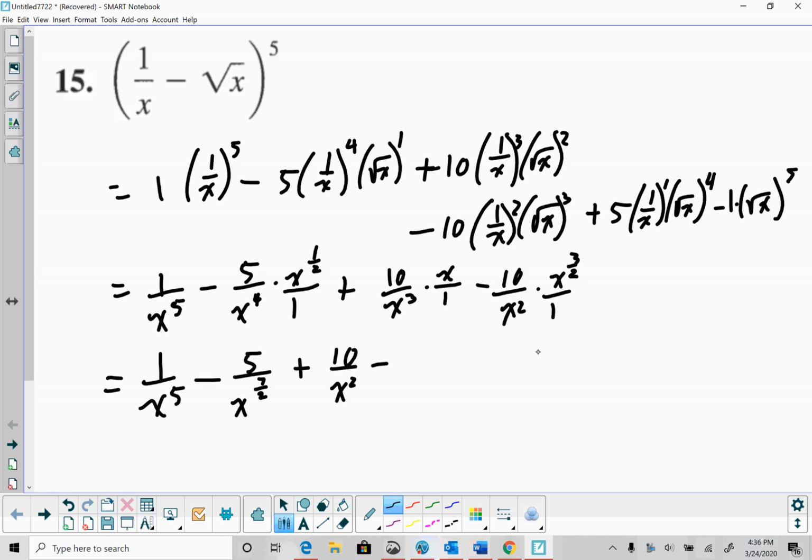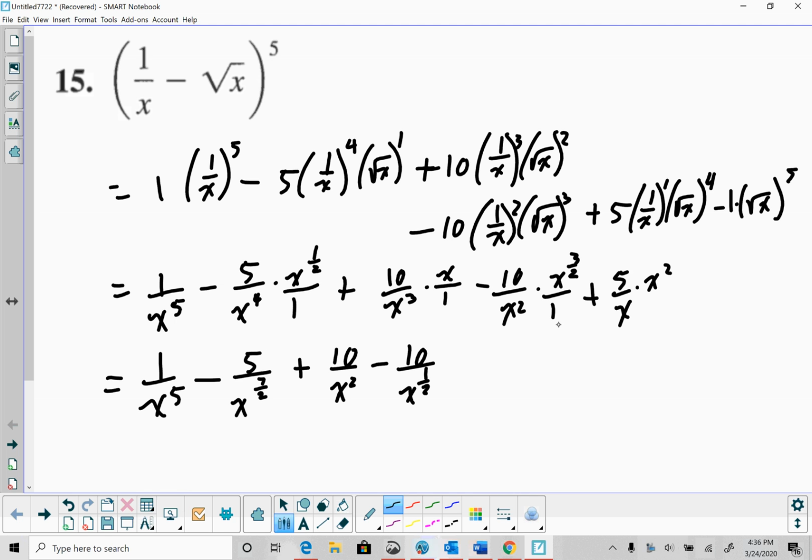Use our quotient rule again. 3 halves minus 2 is the same thing as 3 halves minus 4 halves. That should be negative 1 half. So this will be 10 over x to the 1/2 power, plus, well, 5 over, well, that's just 5 over x. And the square root of x raised to the 4th will be x squared.